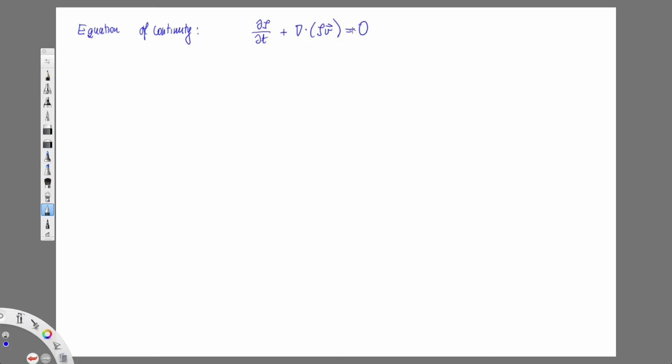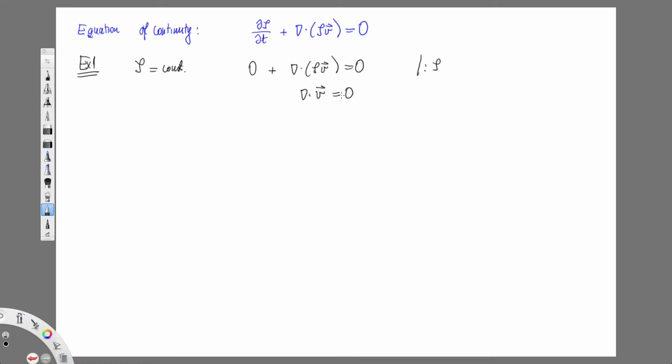So first one, I guess the simplest example is, well, what happens if I have a constant density? Then essentially I will have 0 plus divergence of rho v is equal to 0, and since rho is constant, I can divide by rho, and I will have divergence of v is equal to 0.